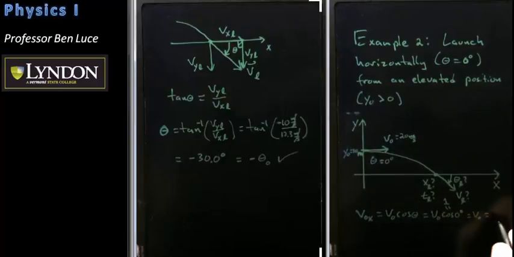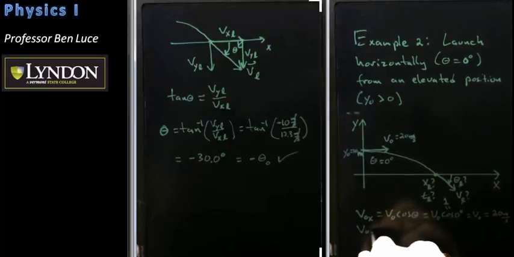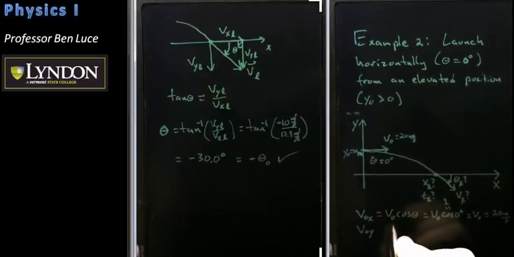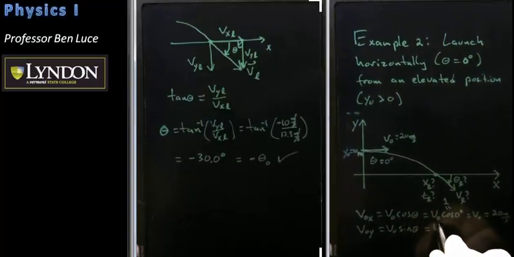So v naught x just equals v naught, and therefore 20 meters per second. V naught y, on the other hand, is equal to v naught sine of theta, and so will be v naught sine of 0, but sine of 0 is identically 0, and so v naught y indeed is 0 meters per second.